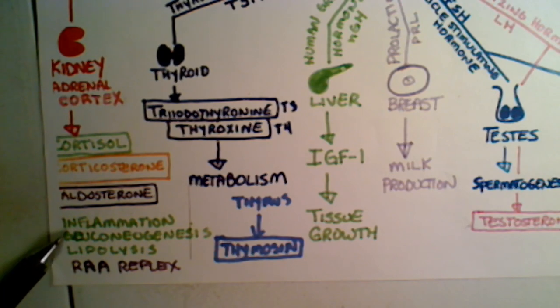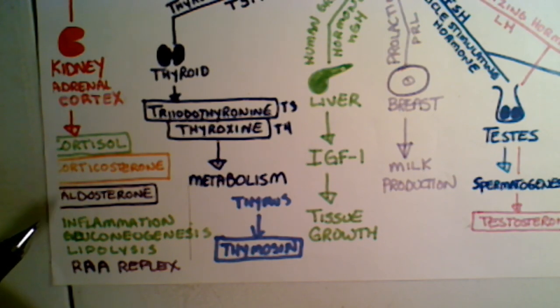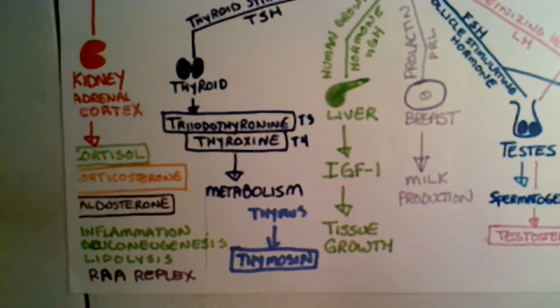Remember, early on in this class, we talked about gluconeogenesis. That is one of the ways that we turn fructose into glucose. And then lipolysis is breaking down fat. So cortisol and corticosterone are doing those jobs. And then remember, aldosterone is going to be involved in what's called the renin-angiotensin-aldosterone reflex, where we are going to raise our blood pressure and regulate some ions like potassium and sodium. So you have to know these pathways, all right?